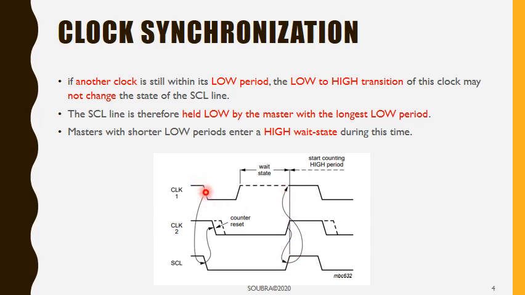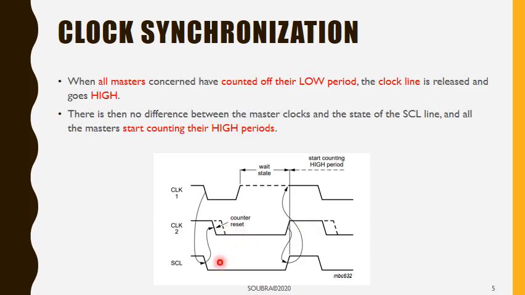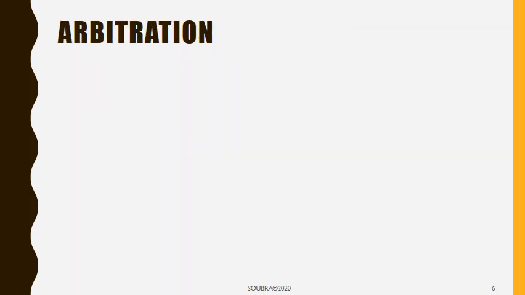The fastest one to bring it down from 1 to 0 is going to control it because of the AND, and the slowest one to bring it back from 0 to 1 is the one who's going to control the high cycle of the period. We good? And hence this will allow us to synchronize all masters together. Fair enough? Alright, so that's the synchronization part.